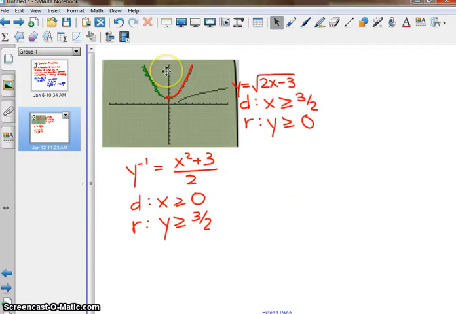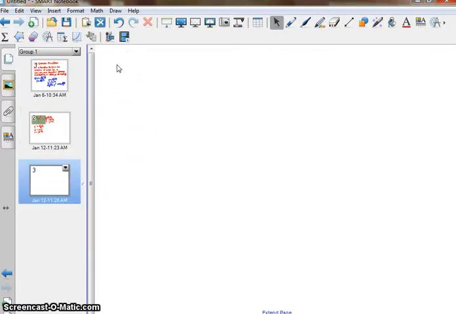Okay, so now let's go back and talk about how this is going to apply to you in calculus class. If I ask you to find the derivative of the inverse at 3 of the function 1/4 x cubed plus x minus 1.